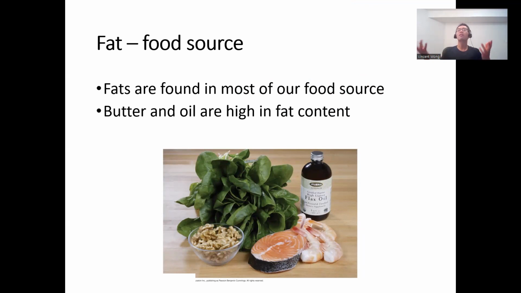If you really feel like consuming pure fat, then there's butter, and some people like to consume a scoop of oil for various reasons. There's flax oil, there's fish oil. Sometimes kids take fish oil because it's good for brain development.